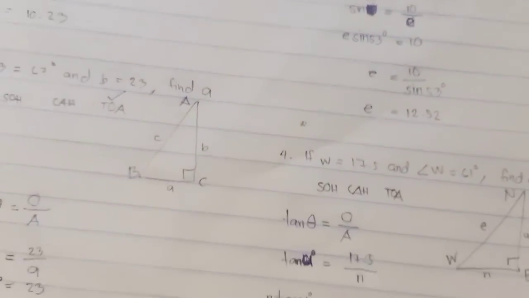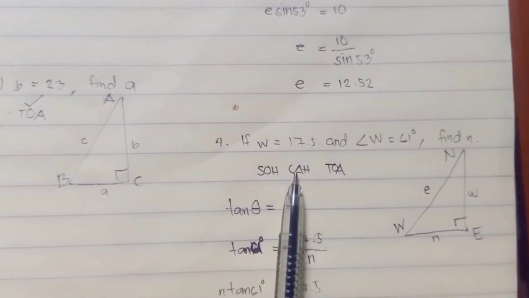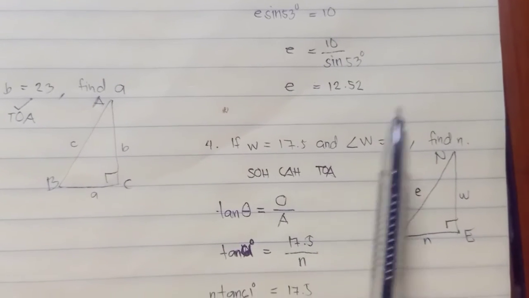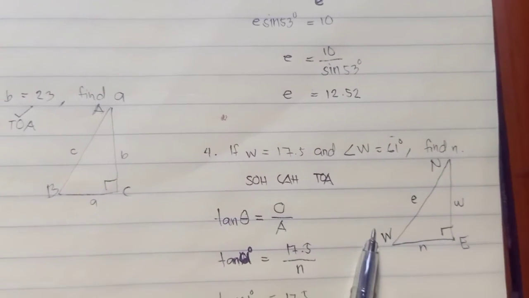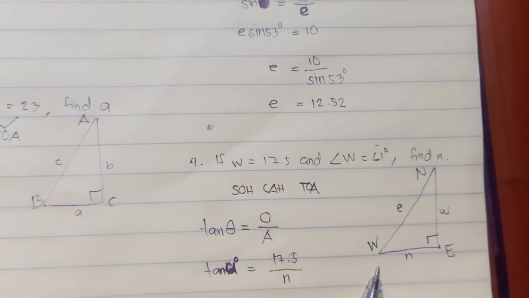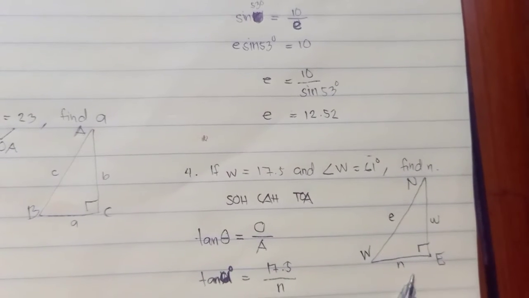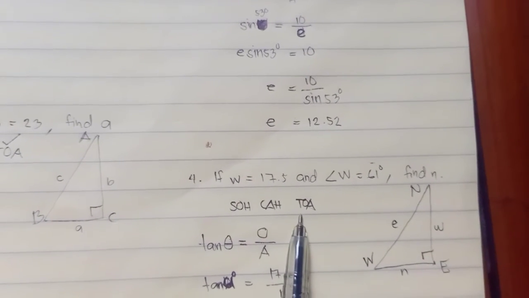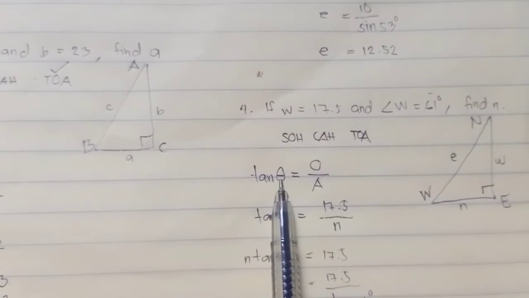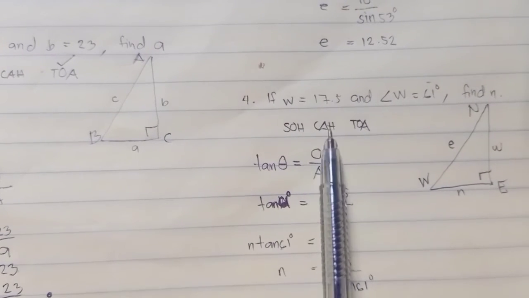Next example: if w is equal to 17.5 and angle W is equal to 61 degrees, find n. Our reference angle is W, 61 degrees, and we are given the opposite, w, and we find n, the adjacent. Opposite and adjacent, so we have to use TOA. The solution: tangent theta is equal to opposite over adjacent.